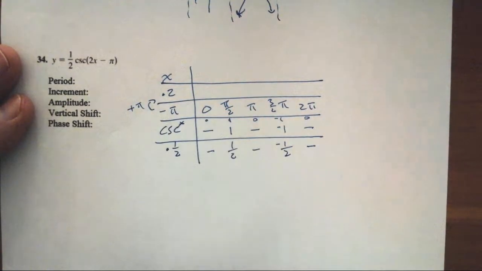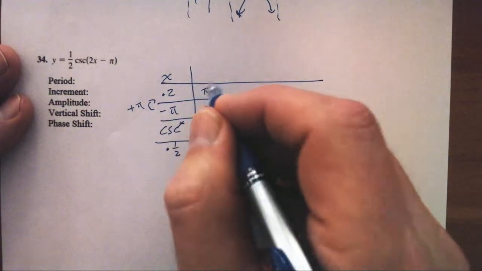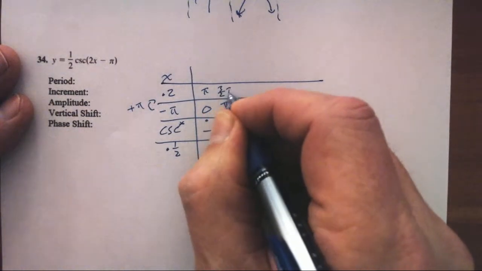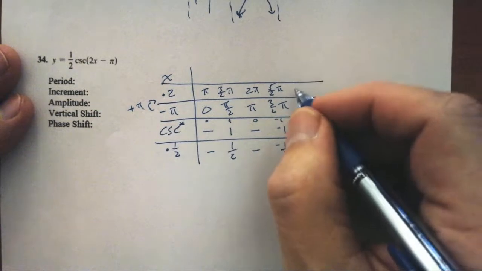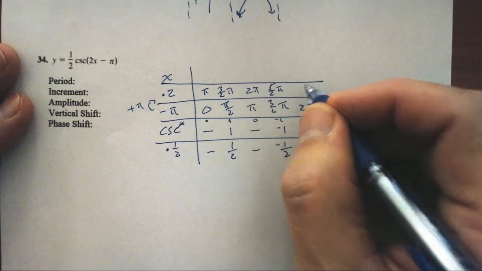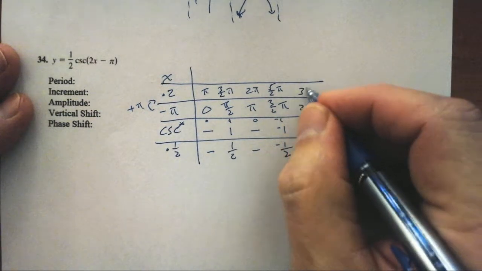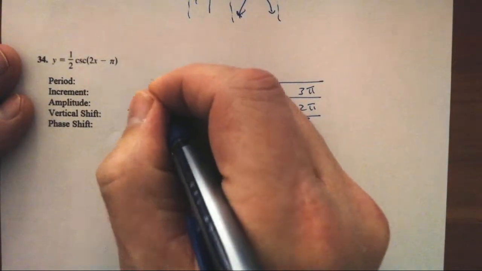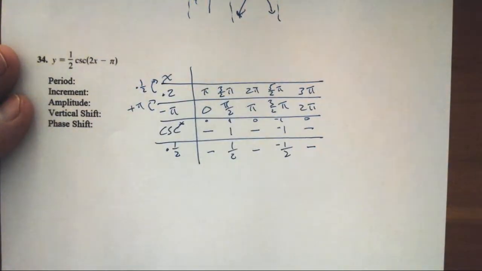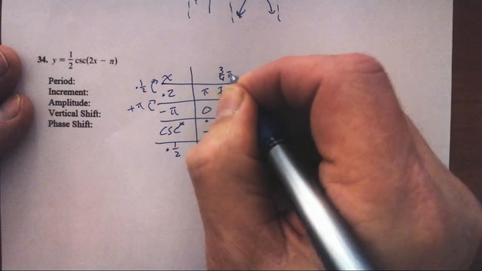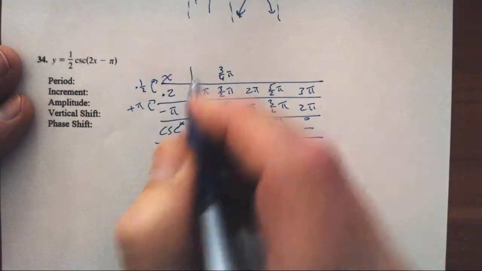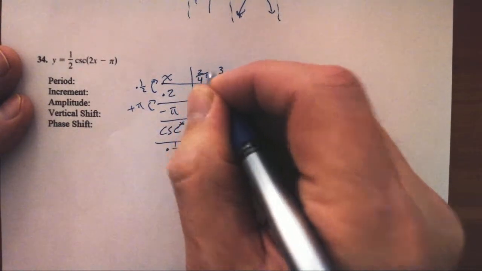Plus pi, let's see, that's going to be pi, 3/2 pi, 2 pi, 5/2 pi, adding a pi, 3 pi. And then I'm going to multiply by 1/2 or divide 2. And I notice when I do this one, I'm going to get 3/4 pi. Here I'd get 1/2 pi or 2/4 pi.